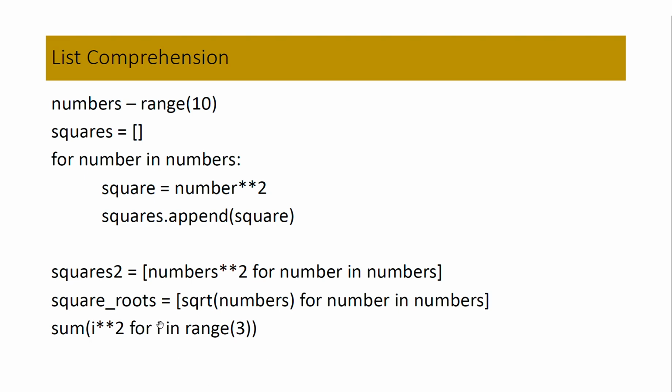Square roots equals sqrt of numbers for numbers in numbers. Sum of i double star 2 where i in range of 3. So this is how you can write a list comprehension.